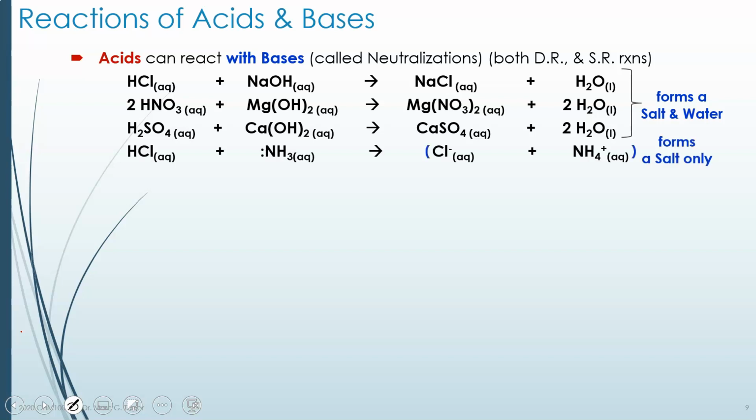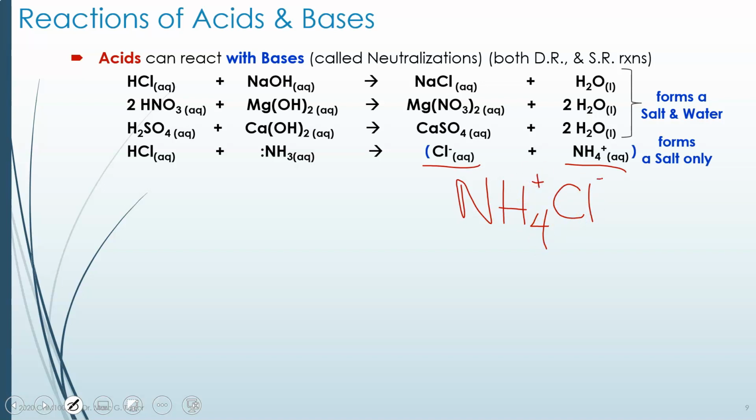But if we react an acid with a non-hydroxide base, say something like ammonia, ammonia will remove the proton from the acid and form ammonium, NH4+, leaving behind the Cl- from the acid. So you'll notice we end up with two ions here, a cation and an anion, and in fact, if you dried out the water from this, this would actually form an ionic compound.